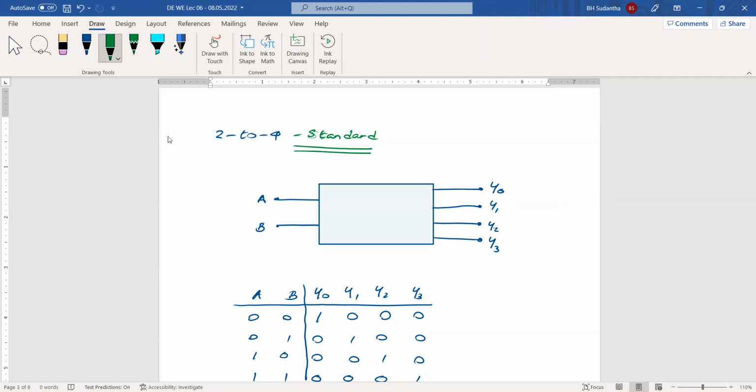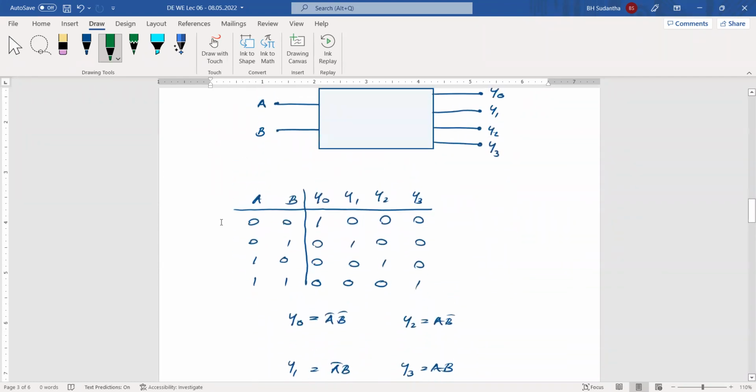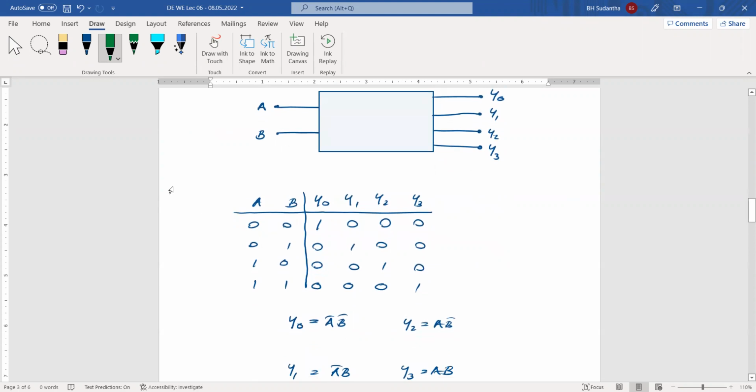Then what is the difference between the standard 2 to 4 decoder and a non-standard decoder? Now this is the 2 to 4 standard decoder truth table.